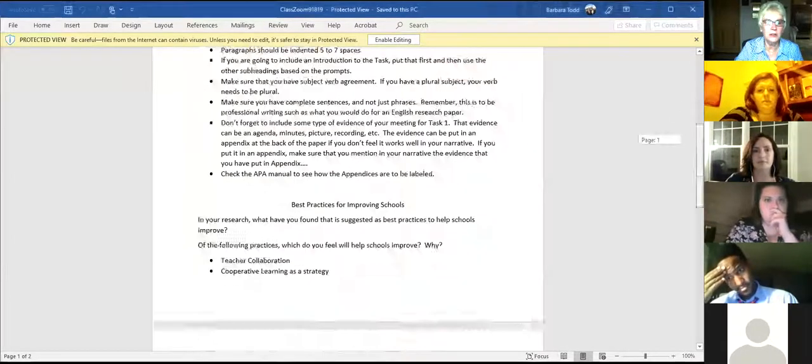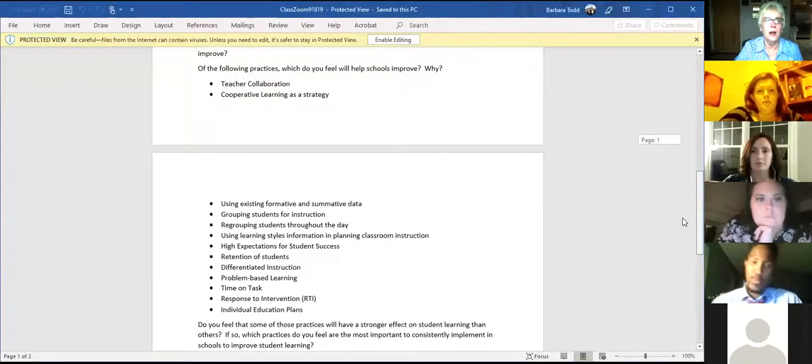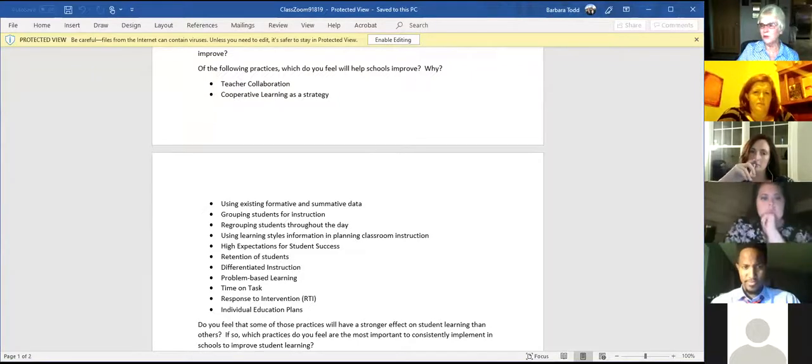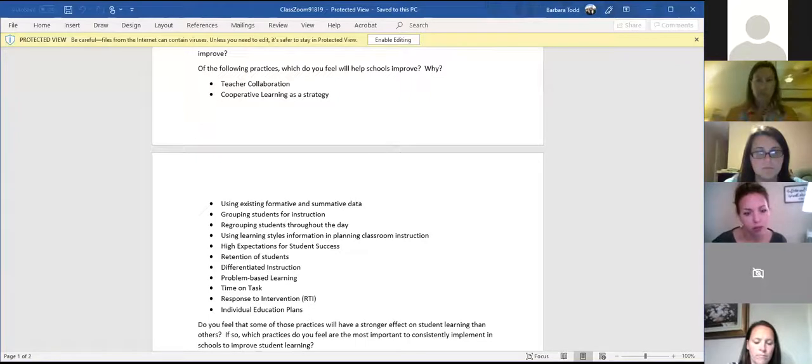So as you look at this list of practices, some for the classroom, some for the whole school as a unit to be working on, which do you think that the school you're currently working in is doing the best job of, and you think that it's really making your school improve?